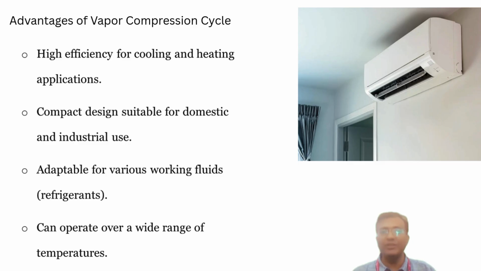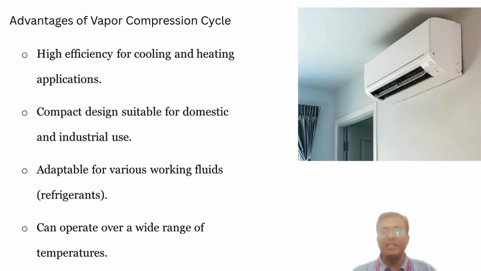Engineers can choose different fluids like R134a or R32 based on temperature needs or environmental rules, making the cycle flexible for different climates or regulations. For example, a heat pump in colder countries such as Russia or Norway might use a different refrigerant than the one which we are using in India.